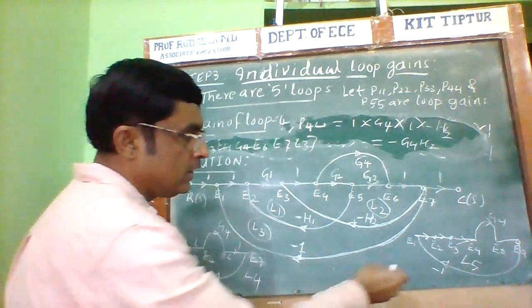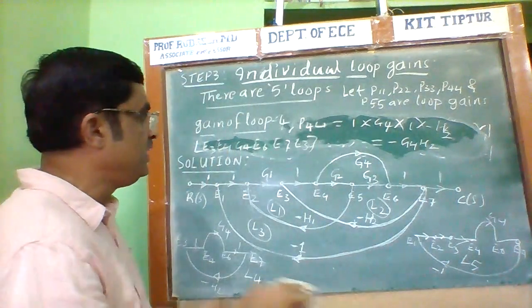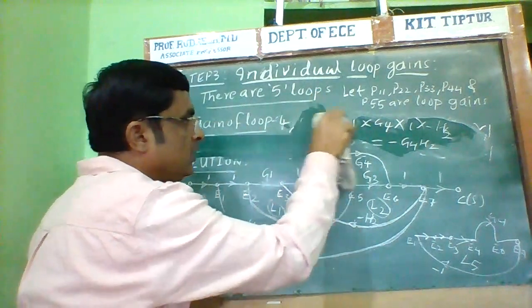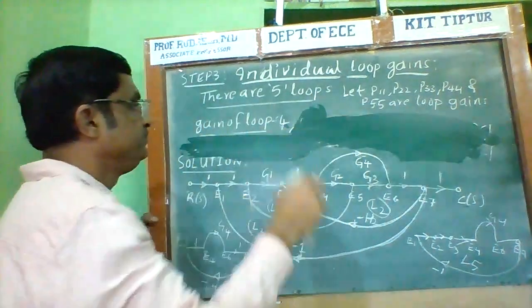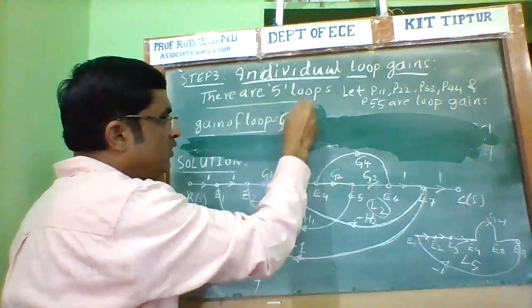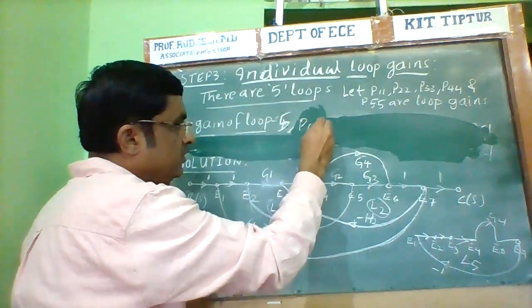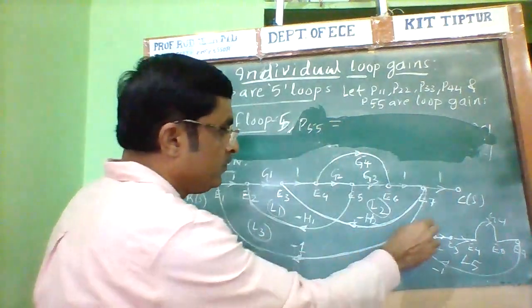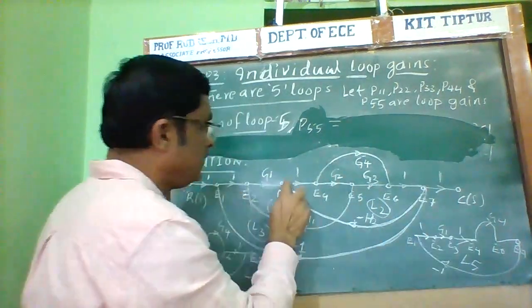Similarly, we need to calculate the gain of loop 5, which is denoted by P55. Here the gain of loop 5 is P55.